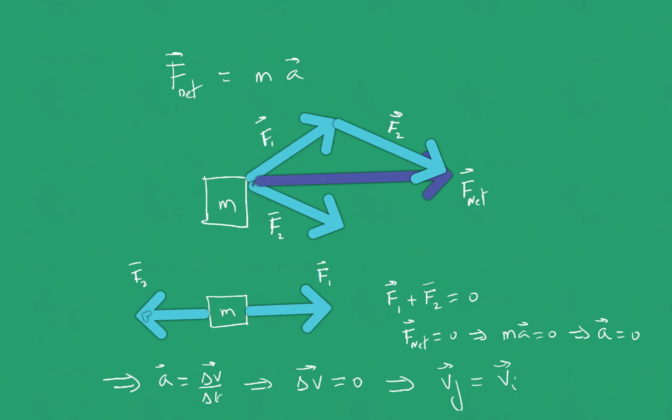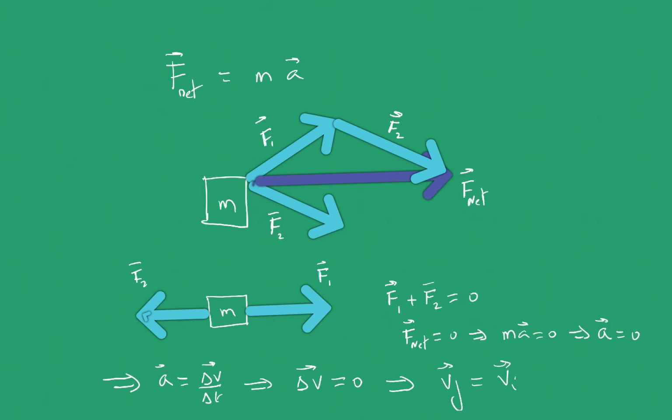Okay, now we pay attention to the net force. When you apply Newton's second law, you have to be sure that you are taking into account the net force. For example, imagine this is the mass. Imagine there are two forces acting here, F1 and F2, acting on the body of mass m. What force should I take into account in this equation?